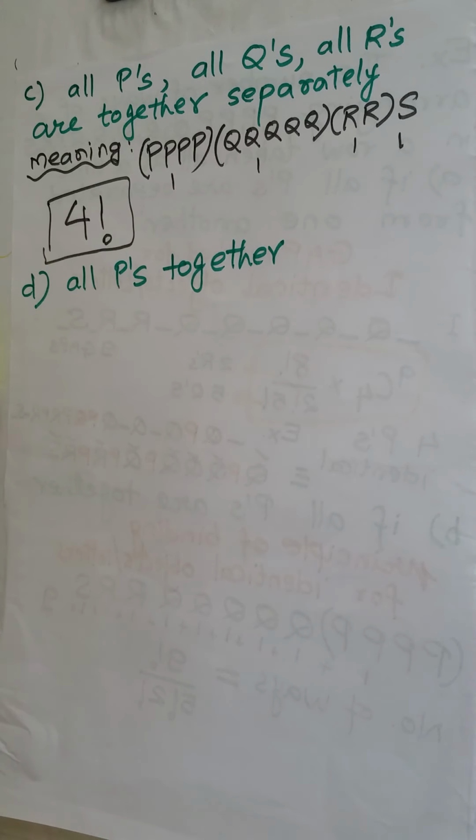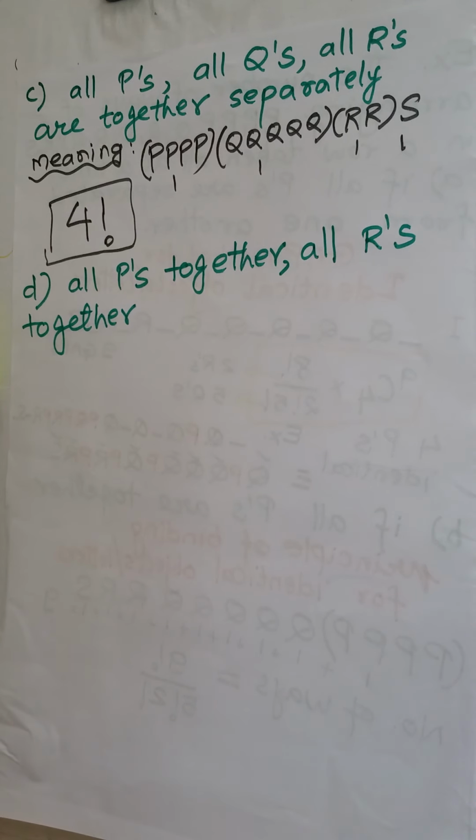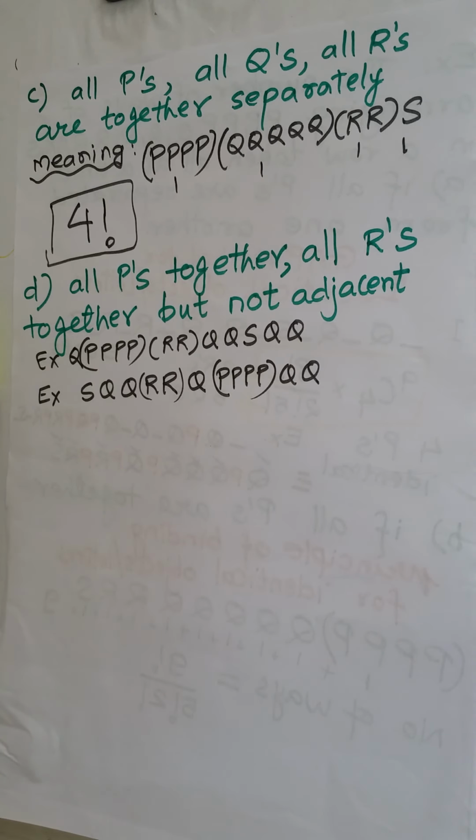Number of permutations taken all at a time in which all P's are together, all R's together, but not adjacent. What's the meaning of this? Let's see by an example. Now in this example, the 4 P's and 2 R's are adjacent. So is this what this question wants? Yes or no?